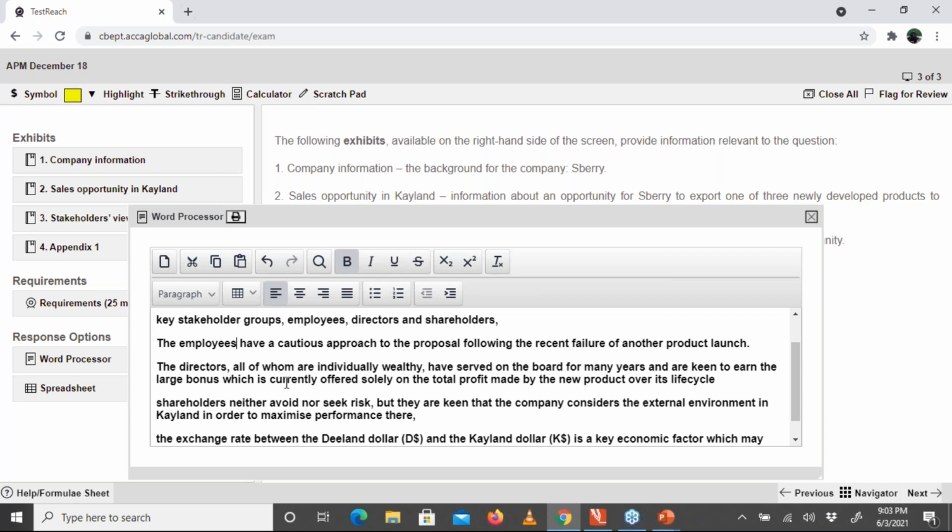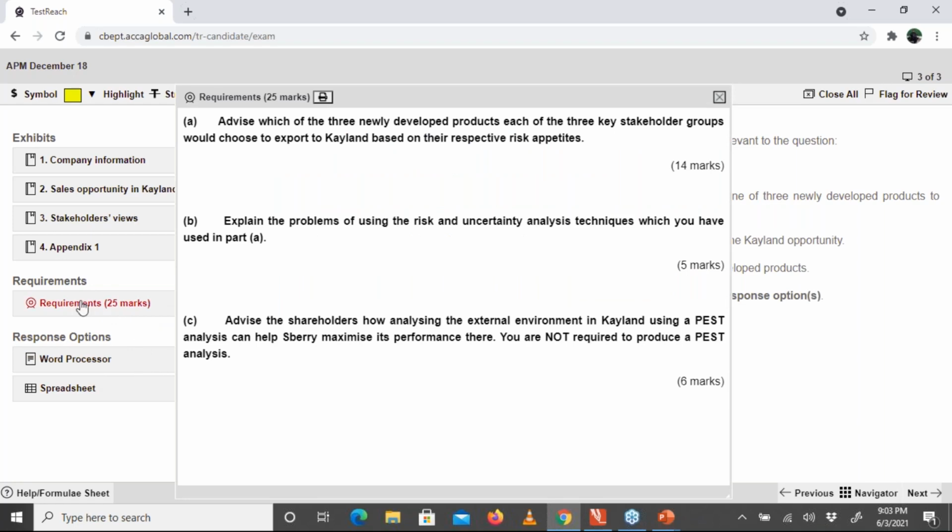Now, what do we need to do? I repeat, what exactly do we need to do with respect to this specific scenario? Can you just do one of the basic calculations for this question?